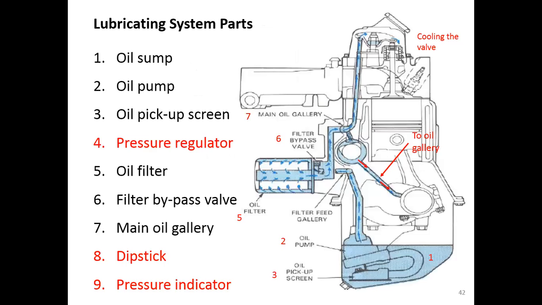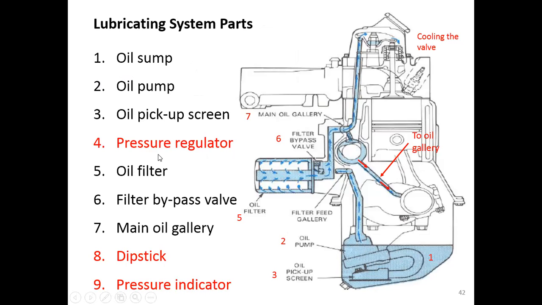Okay. This picture shows you an overall picture of the lubricating system parts. To summarize everything, we have the oil sump here and the oil pump. We have an oil pickup screen here to eliminate any dirty particles before getting into the pump.